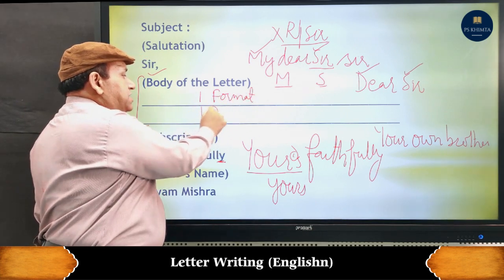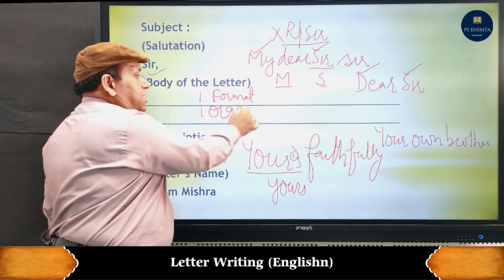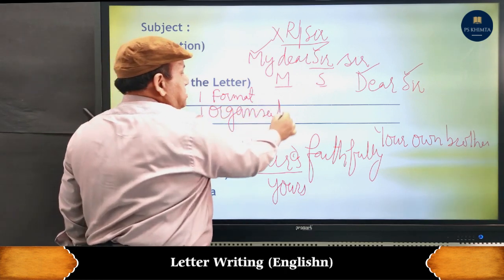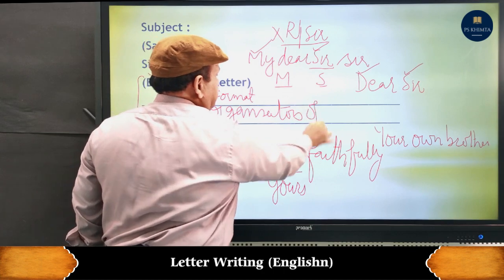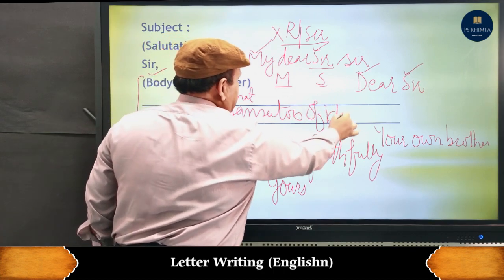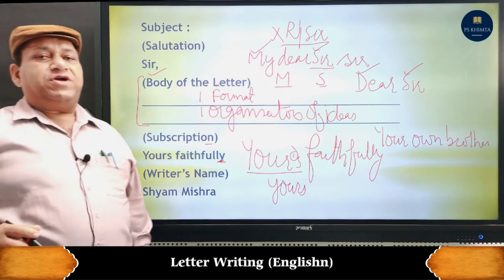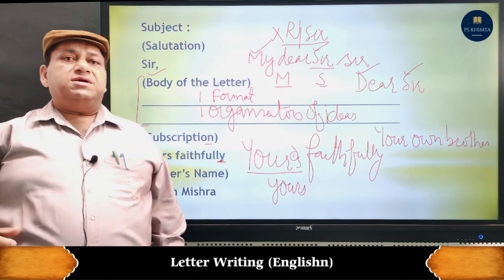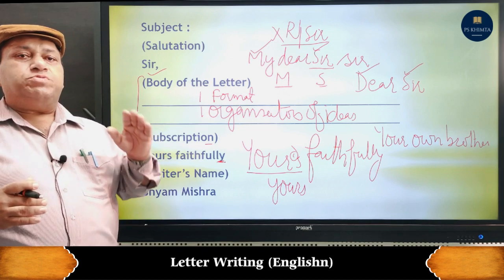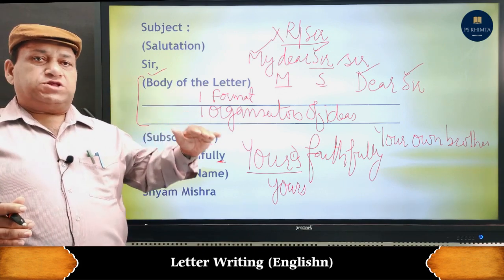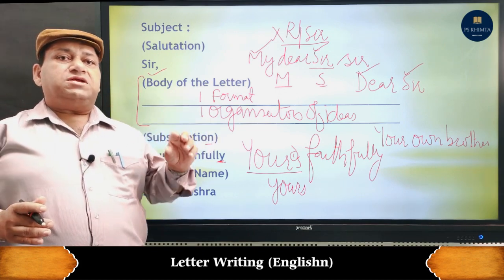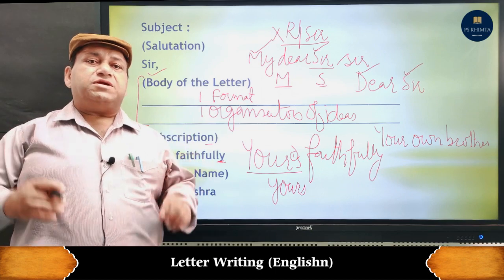And 1 mark is given for the organization of ideas. That means how you arrange the ideas. Sometimes we write things which should be written at the bottom at the first place, and sometimes what we should write in the middle, we write at the end.